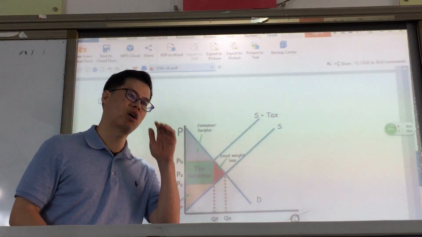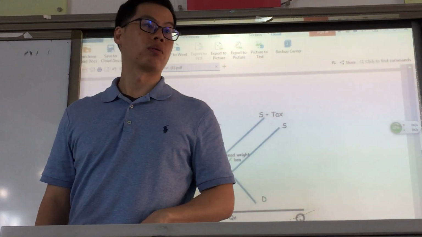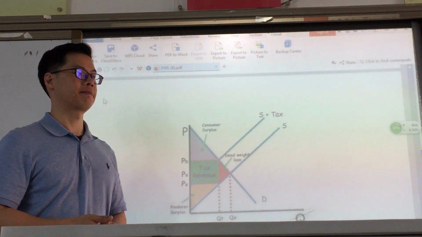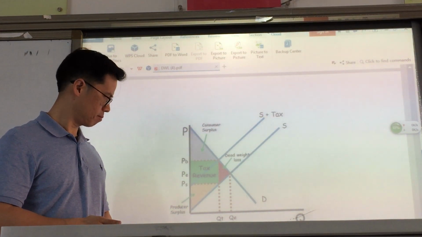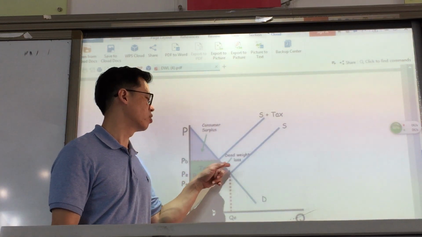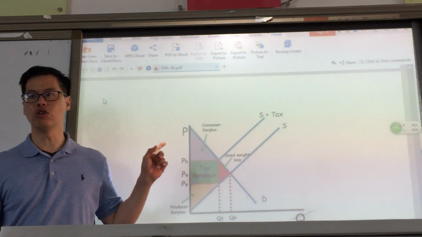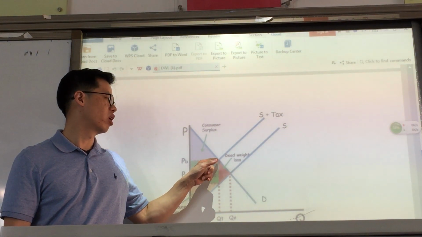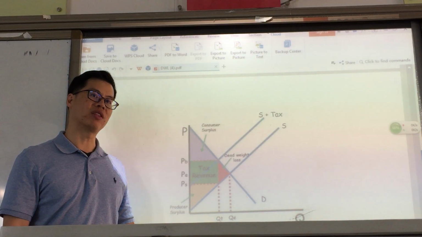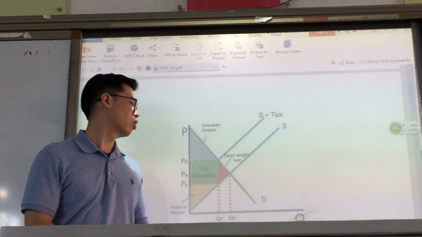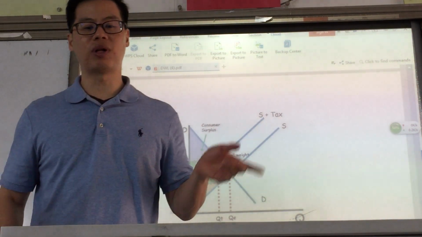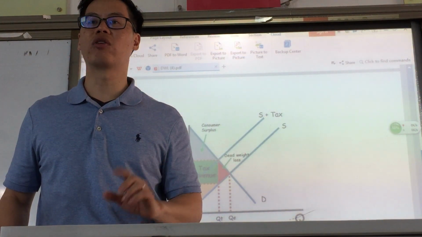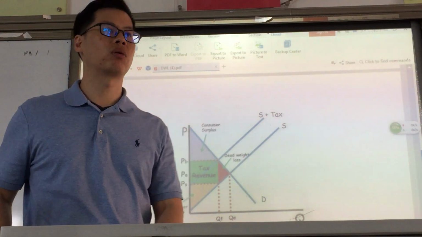How do you know where the new tax output is? Doing a vertical line on the axis for the second supply curve. Yeah, it's the second supply curve. It's the intersection of the new supply curve with the old demand curve. You go there and then go all the way down and you'll find the output. Once you have the output, then you can multiply it by the vertical distance between the two curves, and that area is called tax revenue.